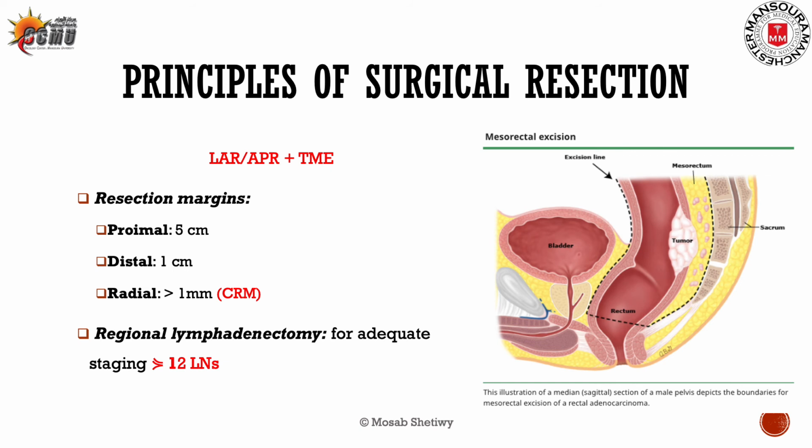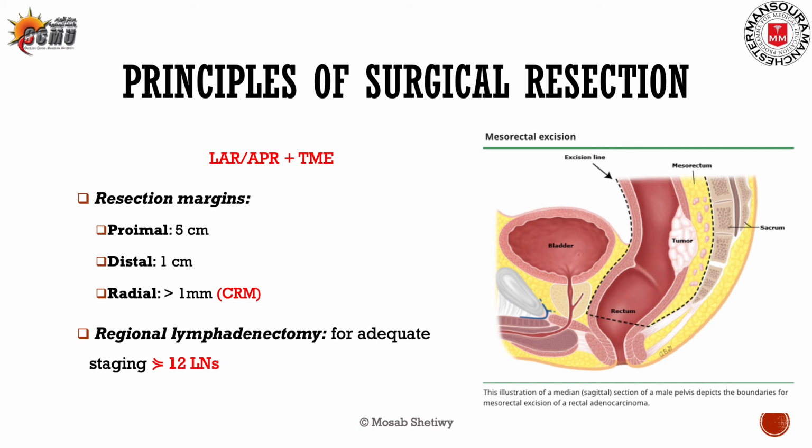So to ensure complete or wide resection of this segment of the rectum, radial margins must not be involved with tumor tissue within 1 millimeter, and that's why preoperatively we do an extensive workup for rectal cancer cases, like with EUS or MRI pelvis, to delineate this circumferential margin and give us an idea about the lateral spread of the tumor.